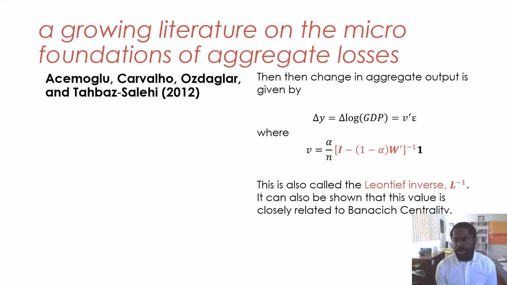And so this allows for a relatively straightforward use of input and output analysis to estimate the effect of shocks in a given sector on the aggregate economy. It's also related to other cool things in network analysis like Bonacich centrality.